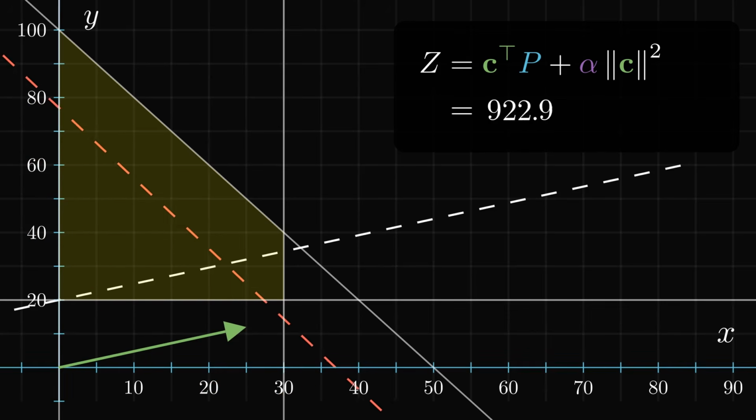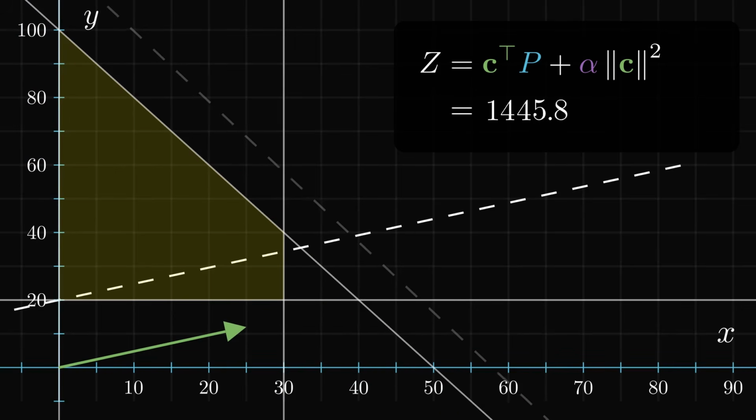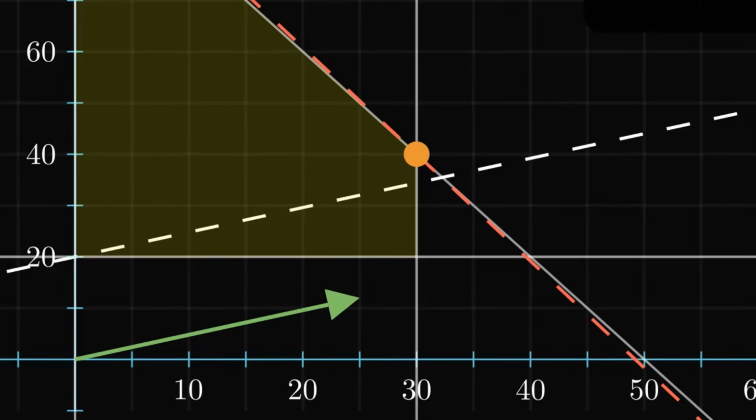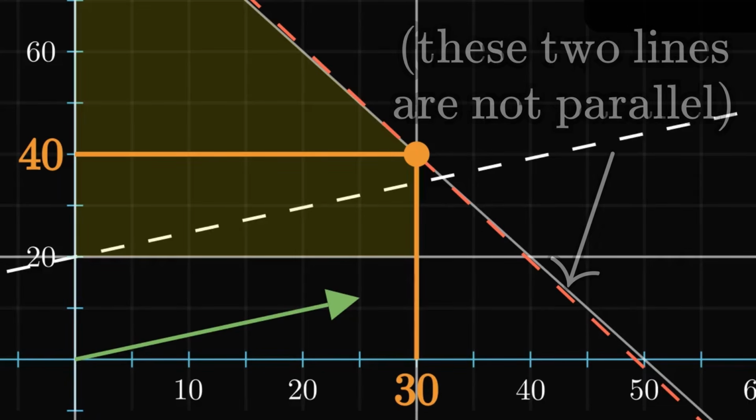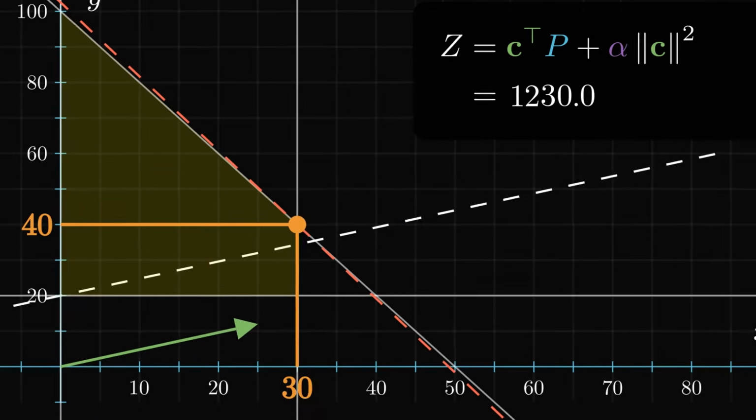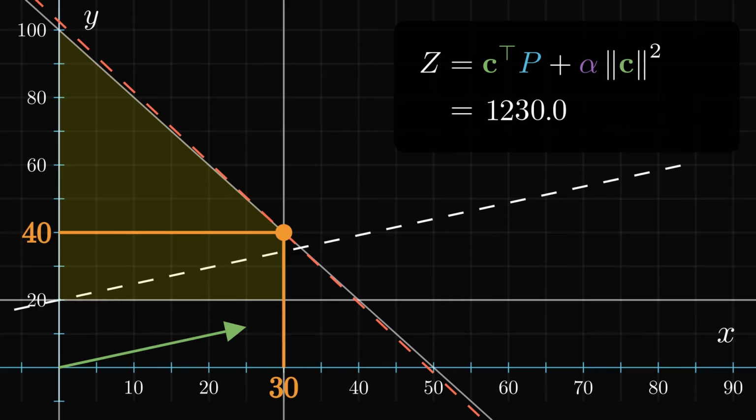This continues until the line eventually completely leaves the feasible region. Then the optimal solution or solutions are the last set of points of the feasible region that the line intersects before leaving the feasible region. In this case, it is a singular point 30,40 with a value of 1230, which is the largest possible in the feasible region.